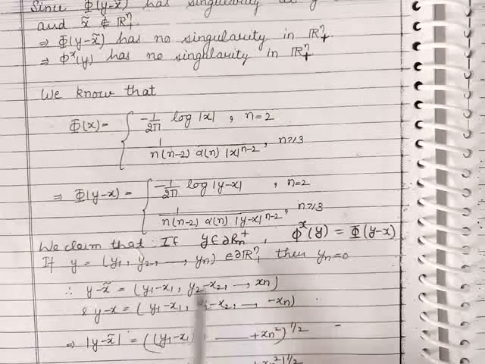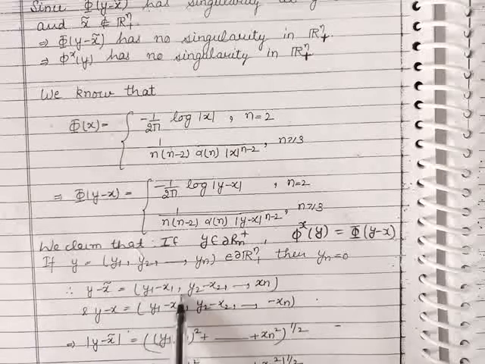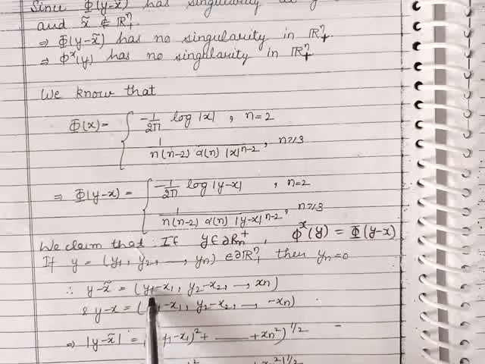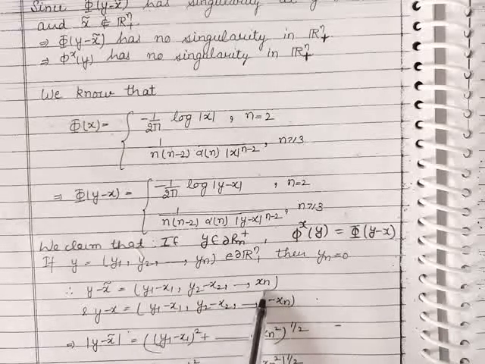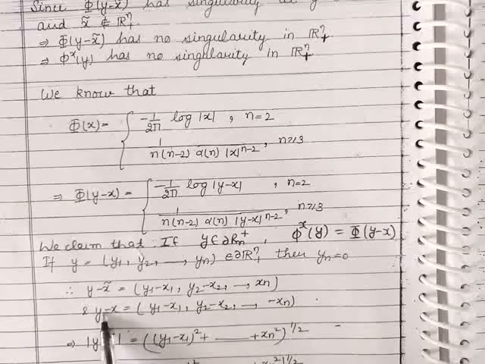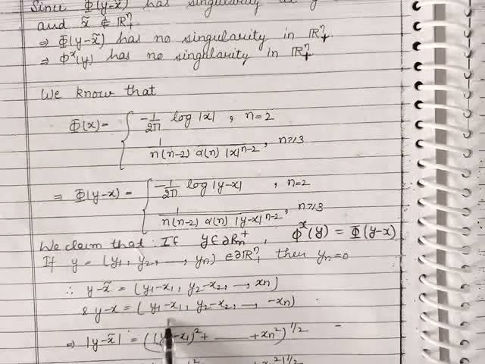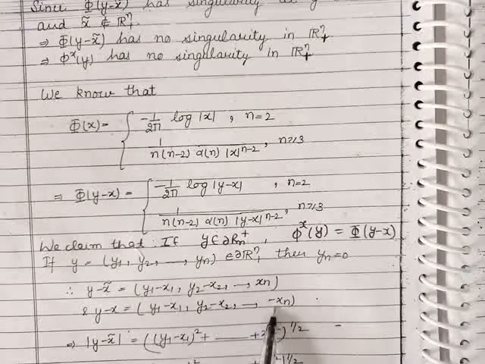Now let us find y minus x bar. Substituting the values of y and x bar, the coordinates of this point become y1 minus x1, y2 minus x2 and so on. Last coordinate is xn because yn is 0, and also y minus x has the coordinates y1 minus x1, y2 minus x2 and so on. Last coordinate is minus xn.